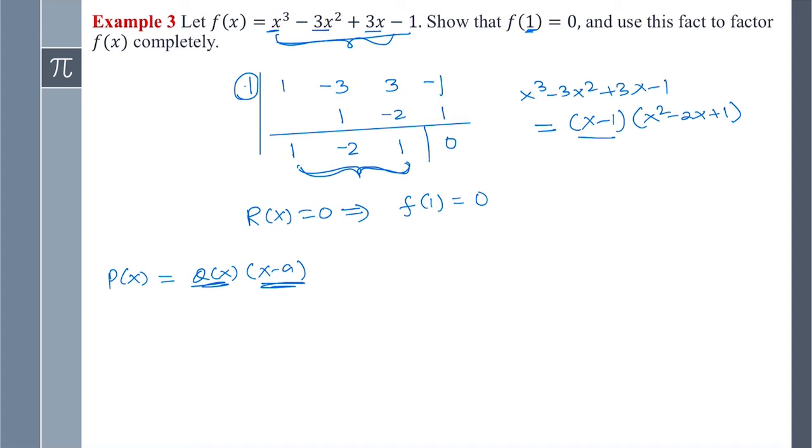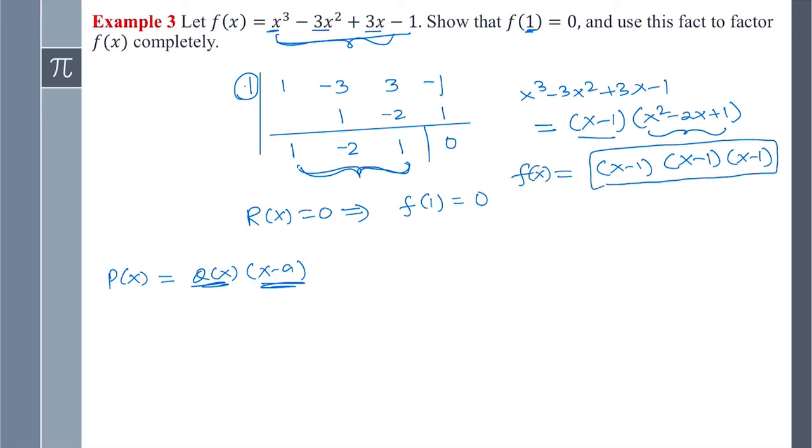Now to factor this completely, we have to factor this term, and we can factor that as x minus 1 squared, or x minus 1 times x minus 1. So our factors are just the repeated factor x minus 1 times x minus 1 times x minus 1. So that is f of x.